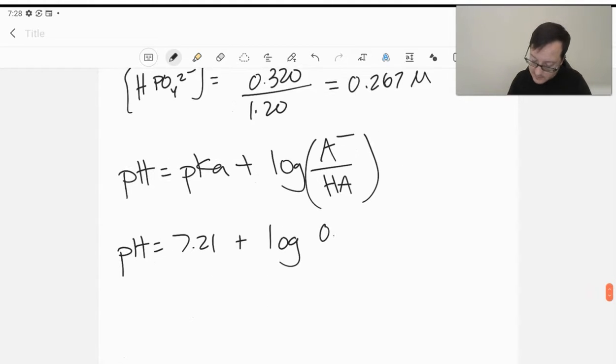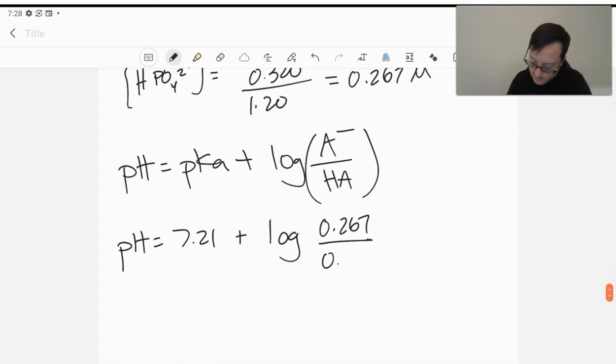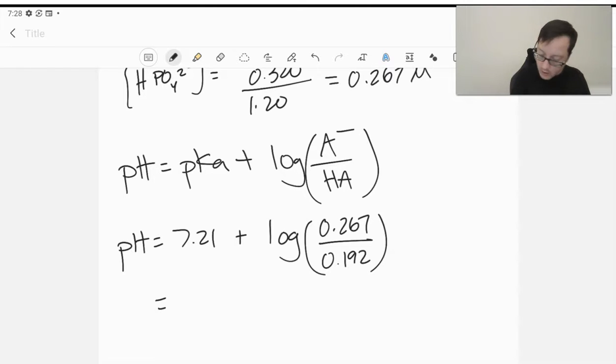So 0.267 over 0.192. And we simply need to plug this into our calculator. So 7.21 plus log 0.267 divided by 0.192, close parentheses, and we get 7.35. So same calculation. We just had to do a little bit more work with dealing with the volume. And so we can do it this way by actually doing all the calculations.